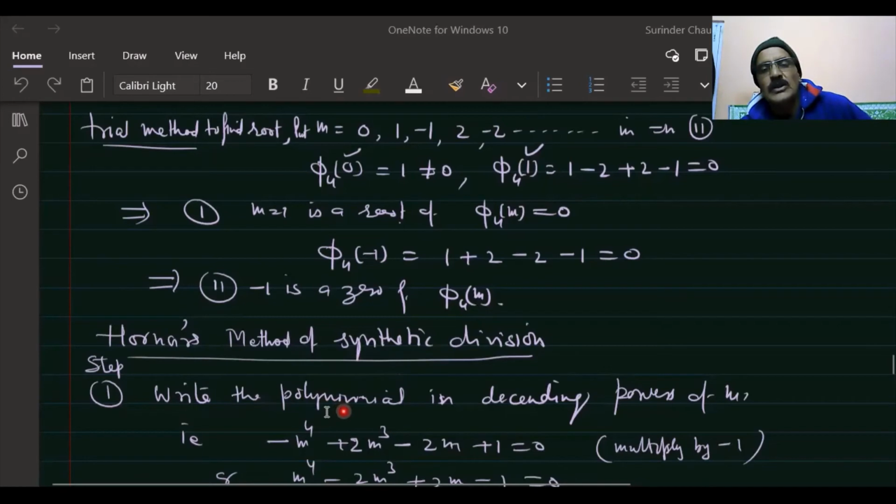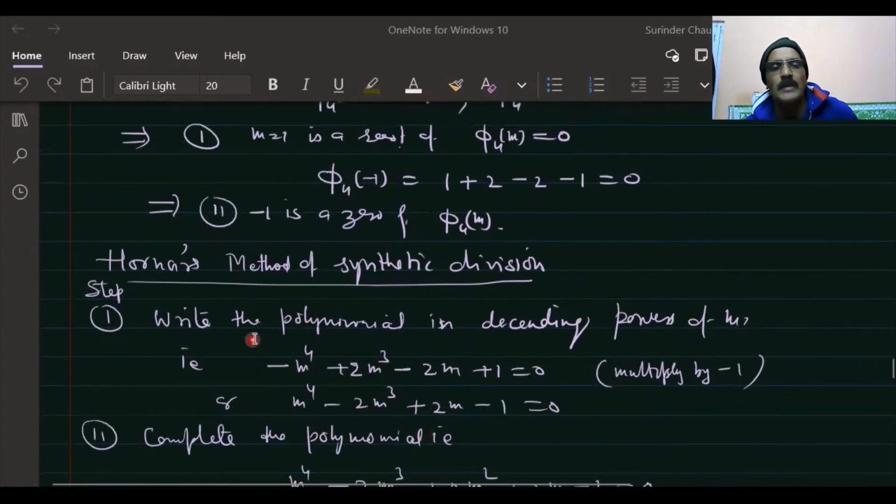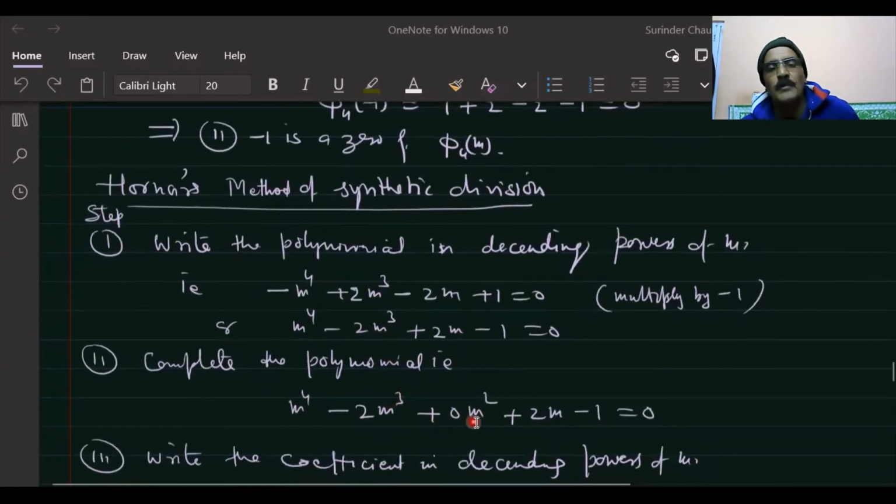The first step is to write the coefficients of the polynomial in decreasing power, from the high degree term to the lower: 4, 3, 2, 1. If any term is missing, meaning the polynomial is incomplete in m, complete it by putting 0 as its coefficient.